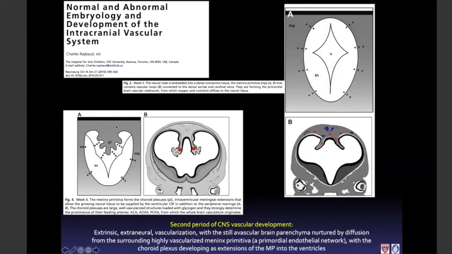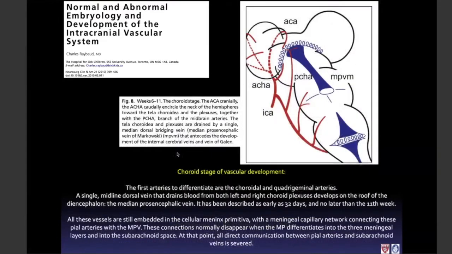And eventually, there's an invagination into each hemisphere of a bit of that meninx primitiva into the ventricles. And that's what becomes the choroid plexus. So a highly vascularized meninx eventually becomes the choroid plexus. And early on, the vascular supply to the brain is organized around the choroid plexus. So you start to get the choroidal vessels, and there you see they're in the range of the choroid plexus.